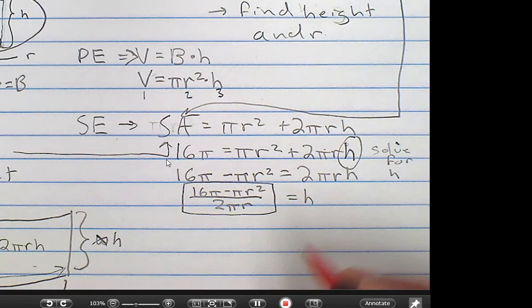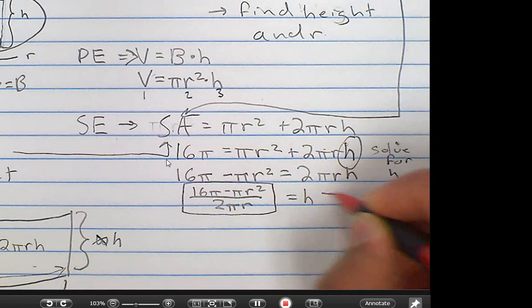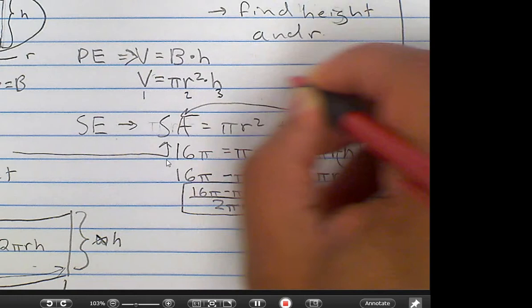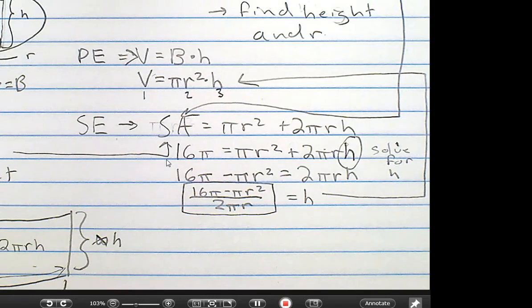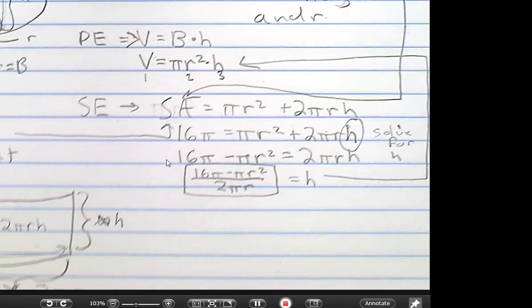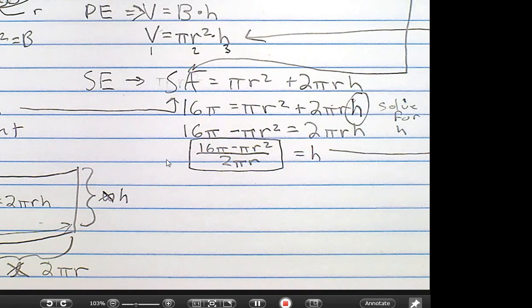So we're going to put this h into that h to get rid of the variable h. Alright, so here we go.